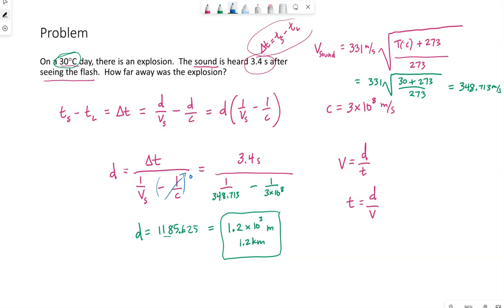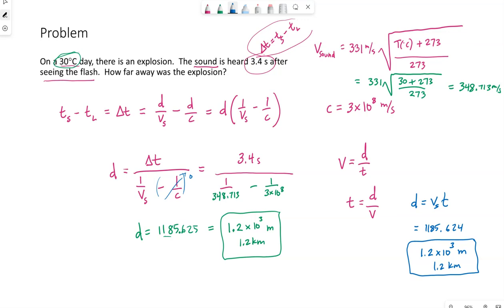If I do that, where I say the distance is simply the speed of sound times the time difference, I get 1185.624. So yes, it is totally okay to consider the flash that we see as happening instantaneously, since the speed of light is so incredibly large. Either way, we get the 1.2 kilometers. So this explosion happened 1.2 kilometers away from where we were.